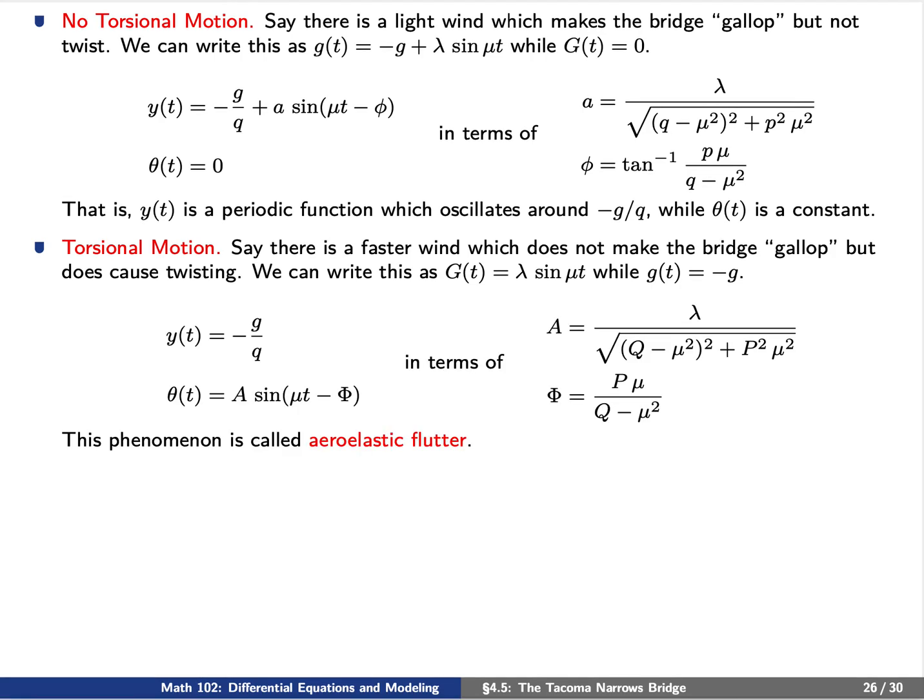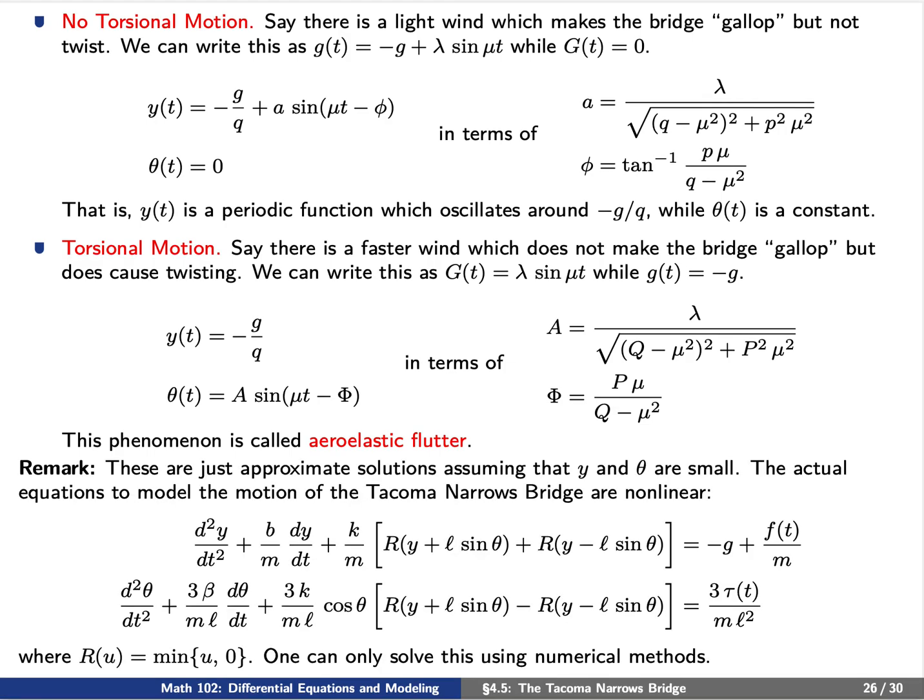In this case, we'll find that y of t is equal to negative g over q, whereas theta of t is equal to capital A sine of mu t minus capital V. This is the phenomenon that we discussed earlier called aeroelastic flutter. Here, you can see that the angle theta of t is now periodic and twists back and forth, whereas the entire bridge itself simply sags at some height negative g over q.